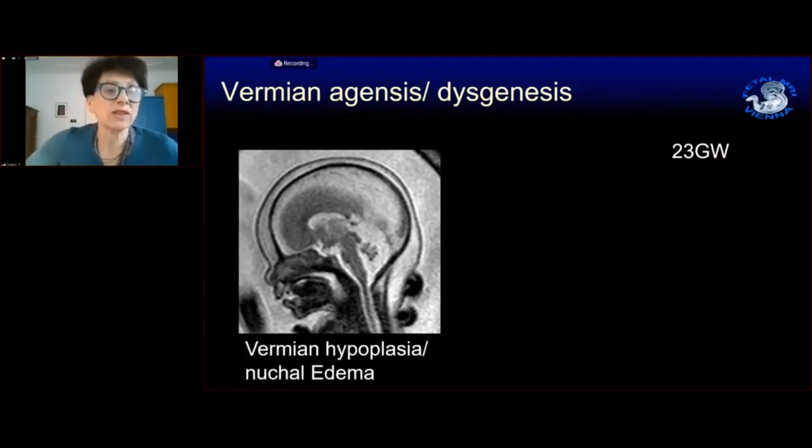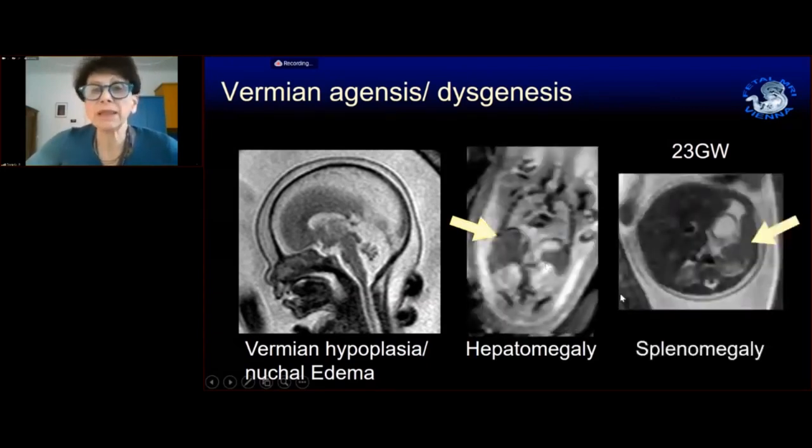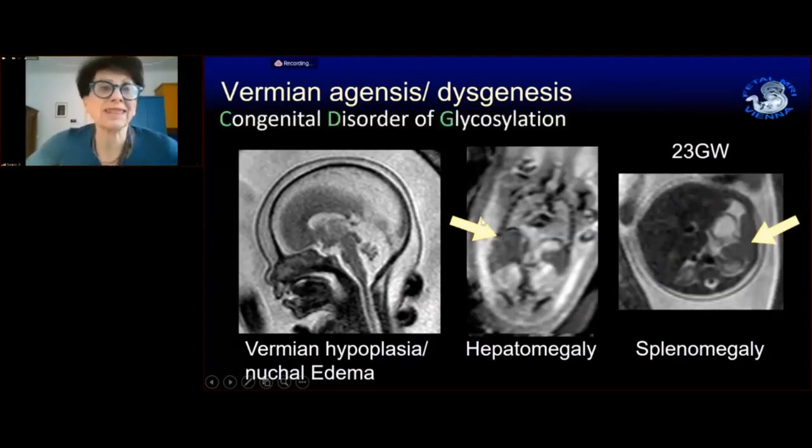And this is a metabolic condition. It's CDG syndrome. So what we have to do on MRI, even if you send us a patient where you say, please only look at the vermis, is that we always look at the whole fetus in Vienna, because otherwise sometimes it's really very difficult to make a definite diagnosis.